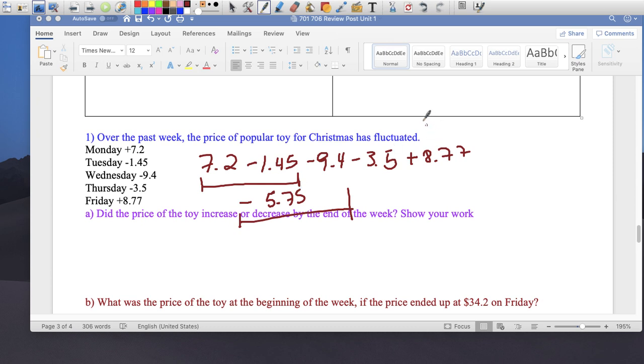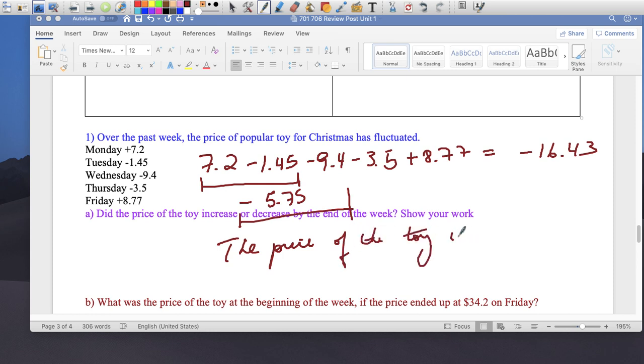So I got that the price at the end of the week is going to be negative 16.43. So did the price go up? The price of the toy went down or decreased.